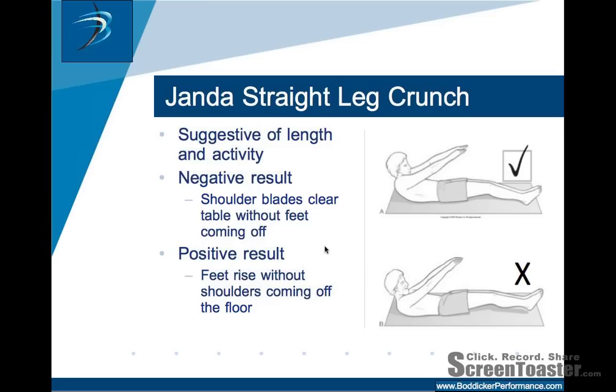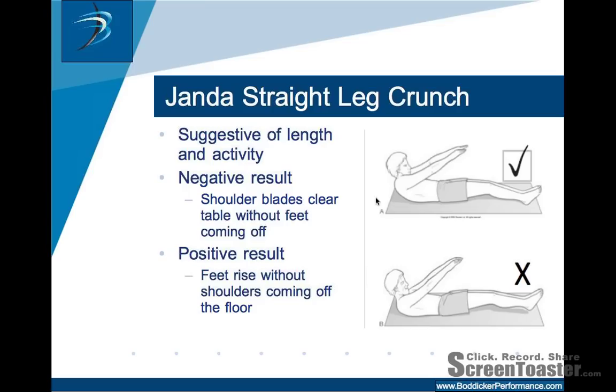Also, to note, and in this photo, to see if there is a divot just posterior to the greater trochanter of the femur. For some of the mobility, the movement tests, you can use Yanda's straight leg crunch. It's suggestive of the length and maybe a little bit of the activity of the psoas. So a negative result, the shoulder blades clear the table without the feet coming off.